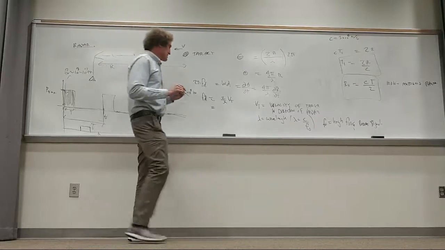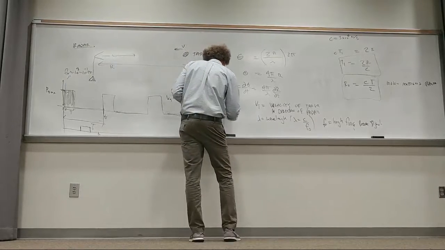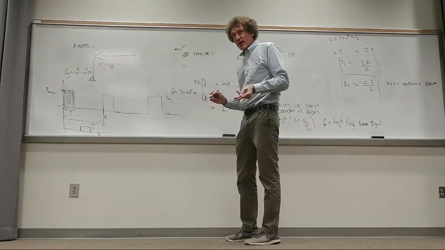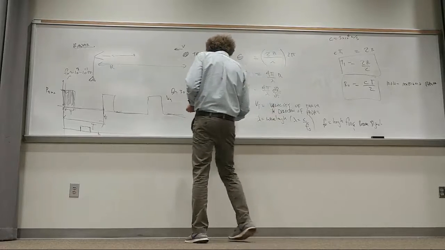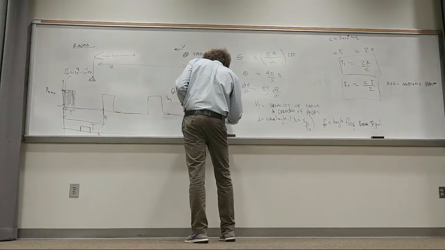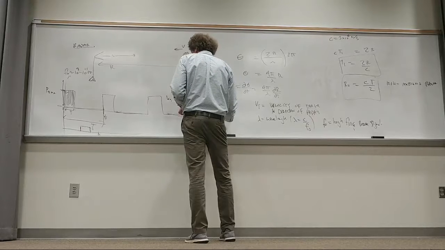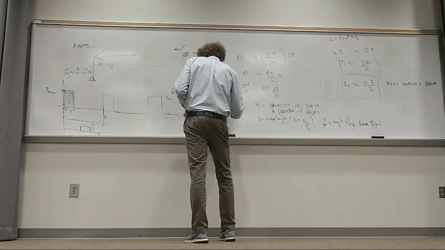Now if that's the case, wavelength is c over f, correct? So I can put c down here, which is 3 times 10 to the 8th meters per second, divided by f, which is 3 times 10 to the 10th, right?